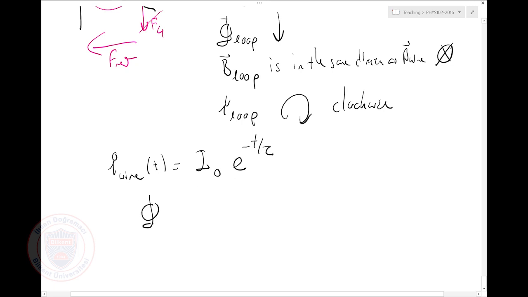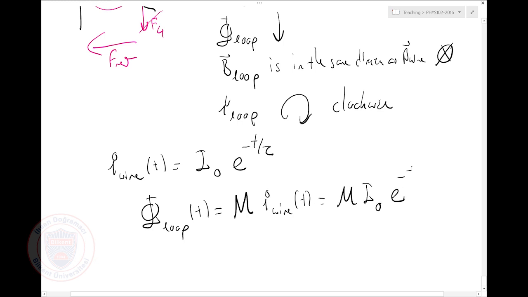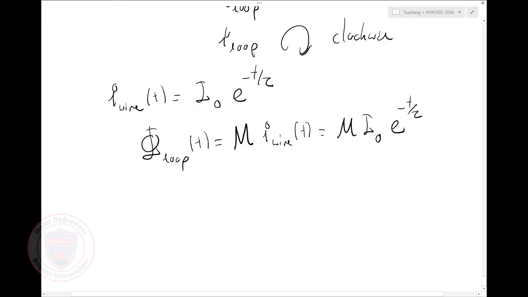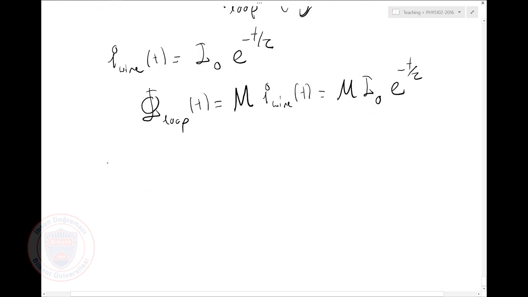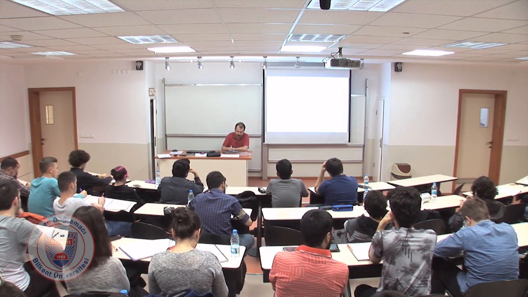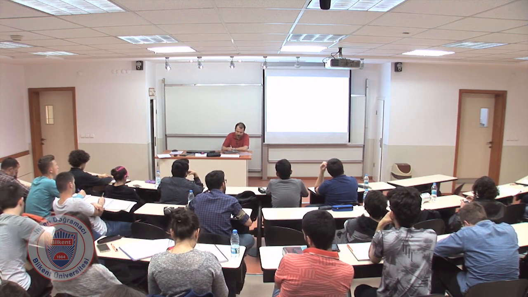Then what's the flux of the loop as a function of time? Well, it's that M I calculated times I wire of t. So it's going to be M I0 e to the minus t over tau. What's the electromotive force magnitude for the loop? It's d flux of the loop dt.